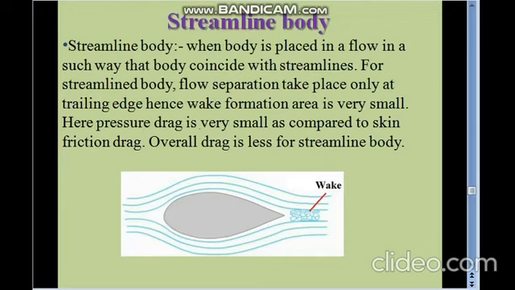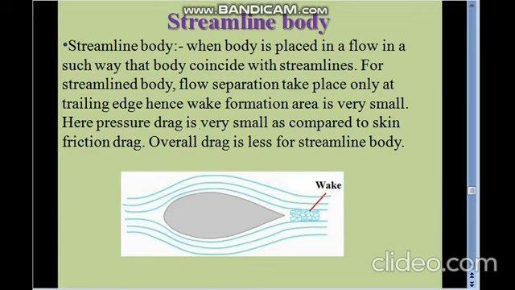Now let us move to the streamline body. What is a streamline? It is an imaginary line in such a way that the flow will not cross this line. Whenever there is formation of wake or recirculation, it will not form the streamline.